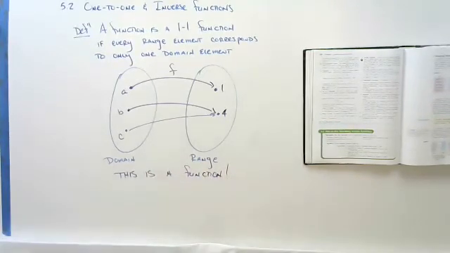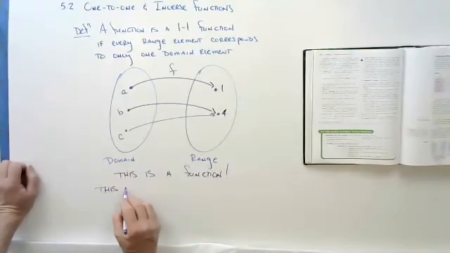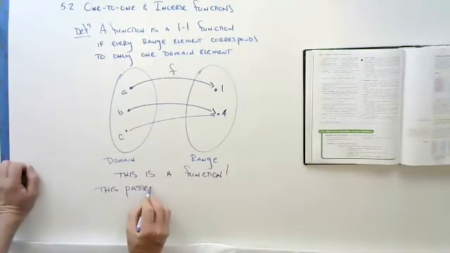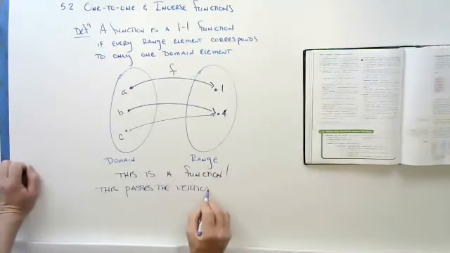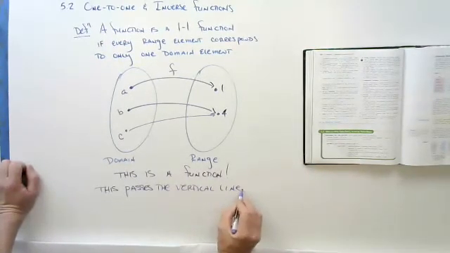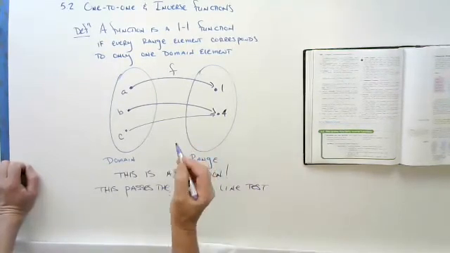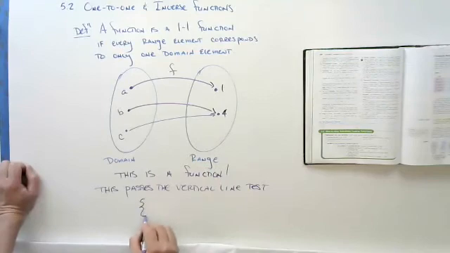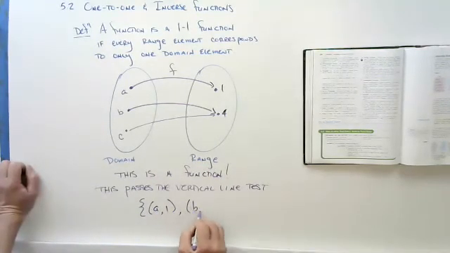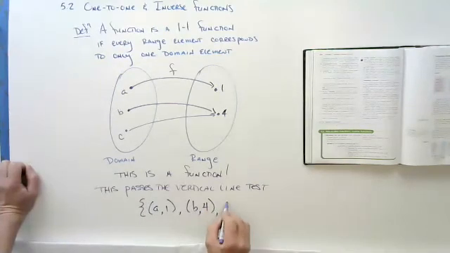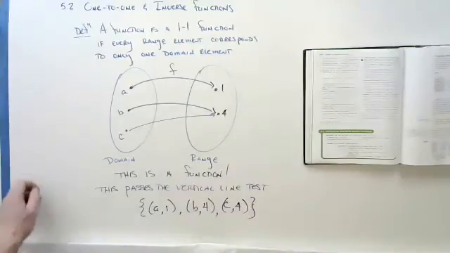All of you know it's a function. This passes the vertical line test. This is a very boring function. This is the entire function. That's it. That's the whole function.